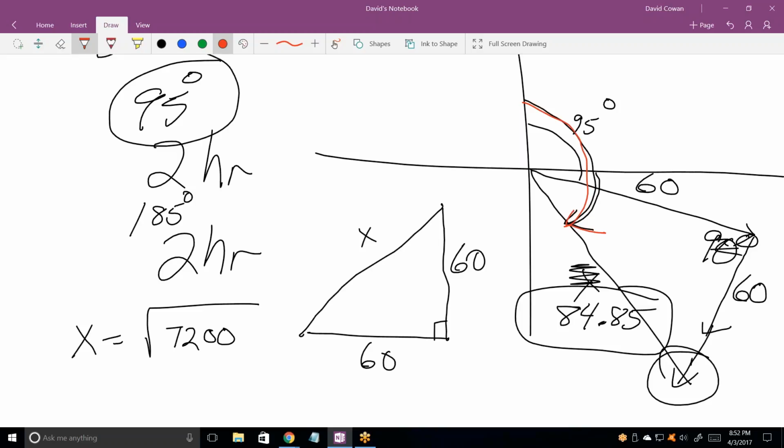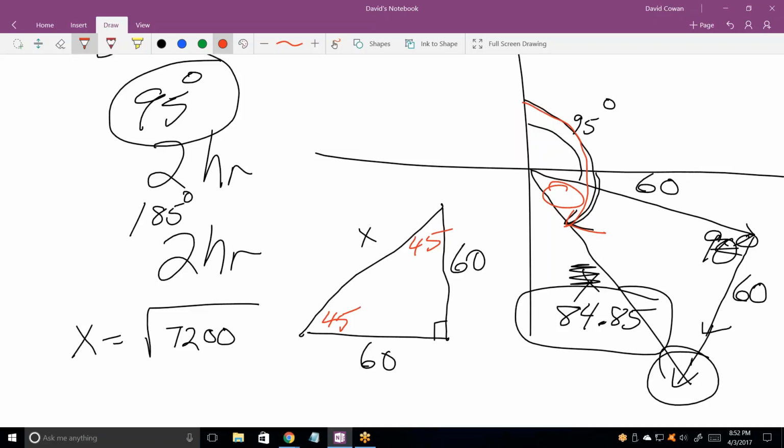Was 95 plus... Good. What's this angle right there? It's an isosceles triangle. Got to be 45, right? This is a 45 degree angle and that's a 45 degree angle.